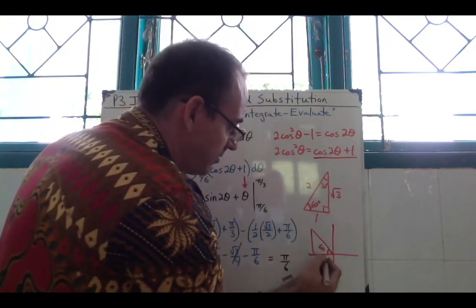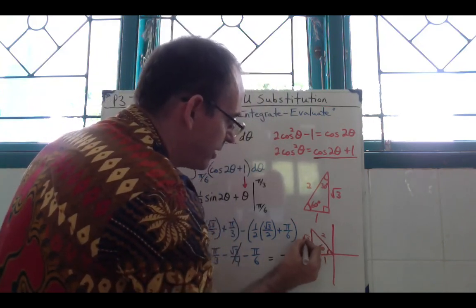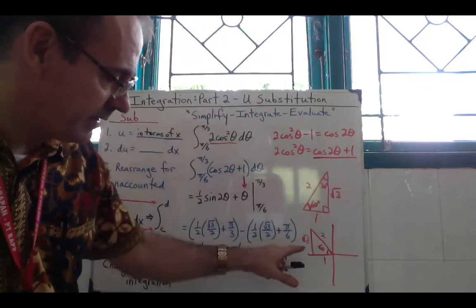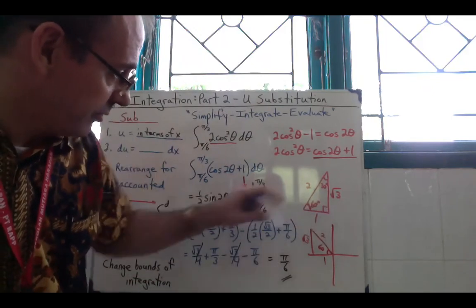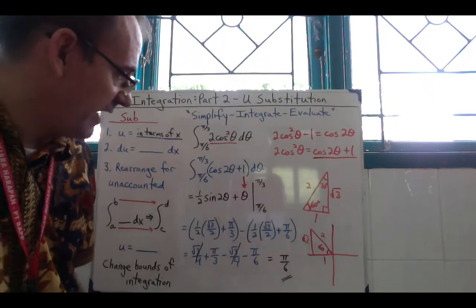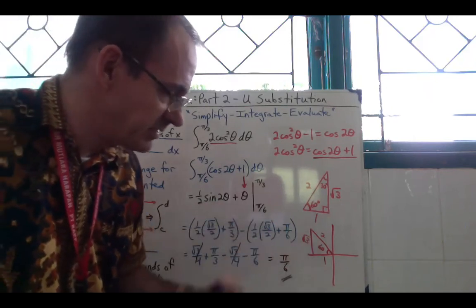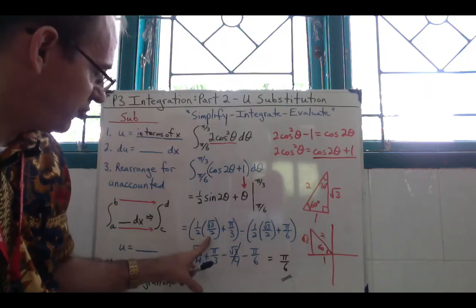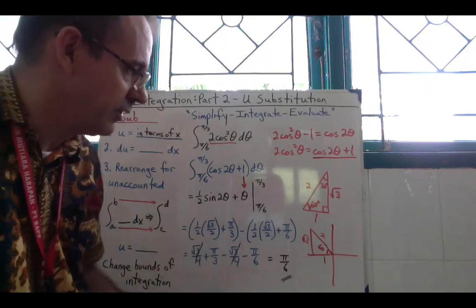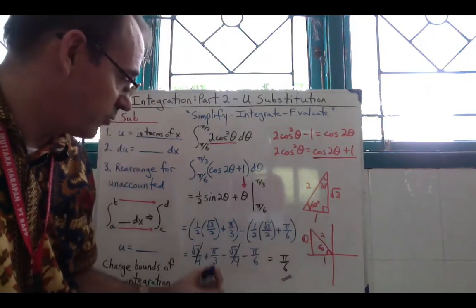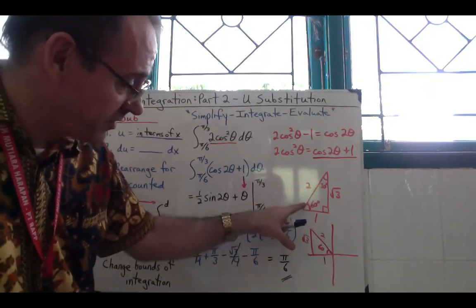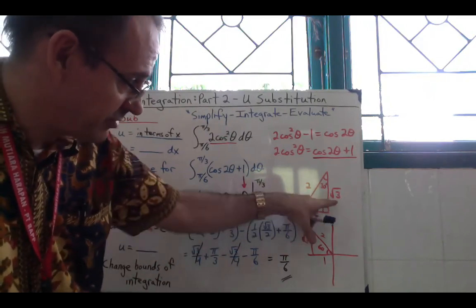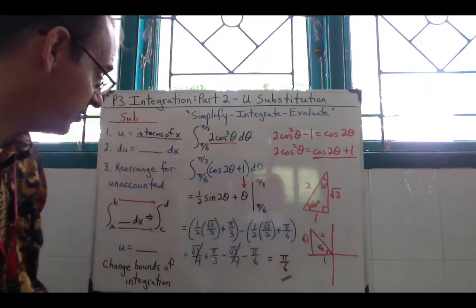So that means you have your 1, 2, and root 3. The 60 degree is root 3 over 2, but it's in the second quadrant. Sine is positive in the second quadrant, so this is just a positive root 3 over 2, opposite over hypotenuse.